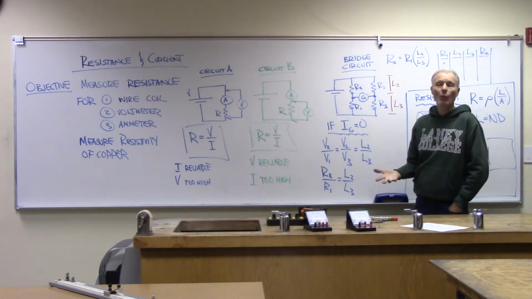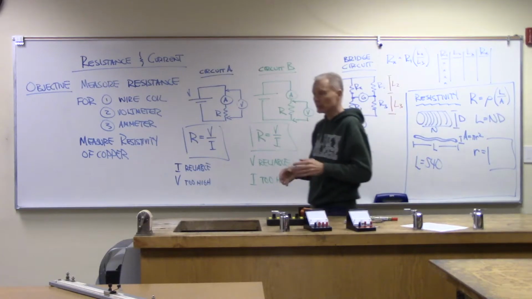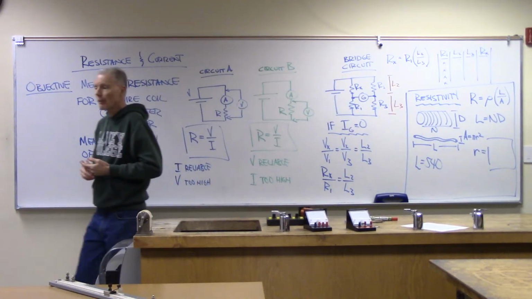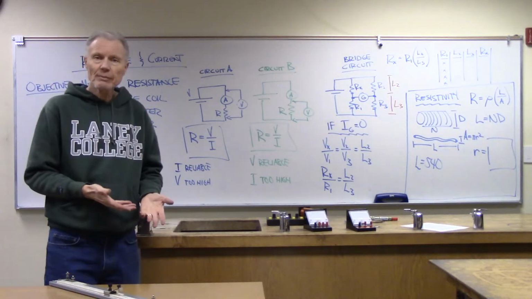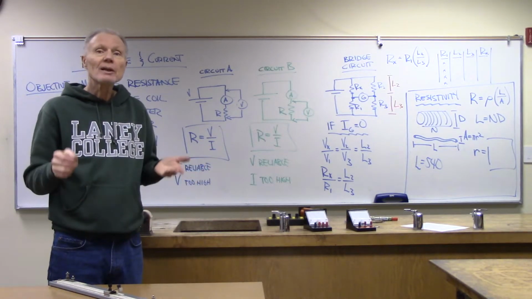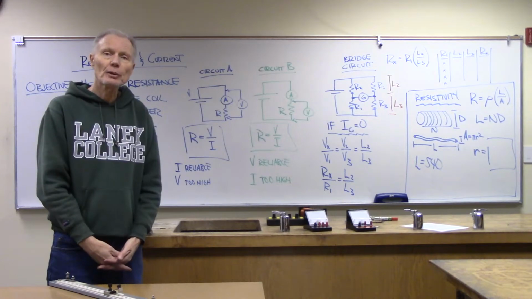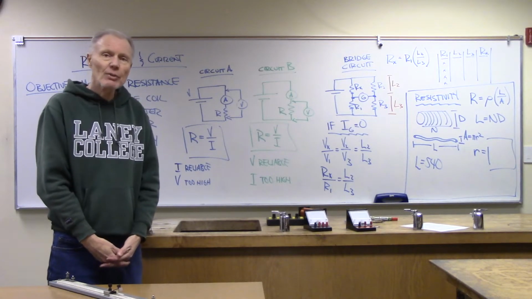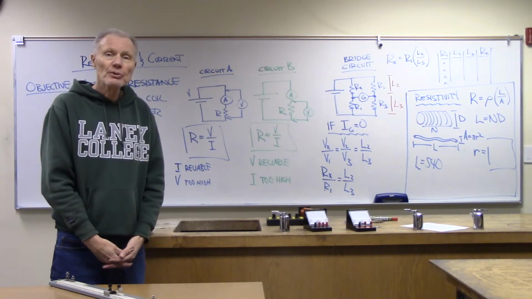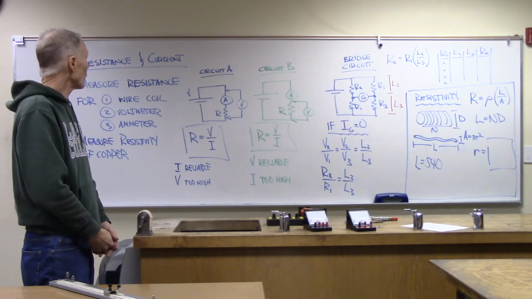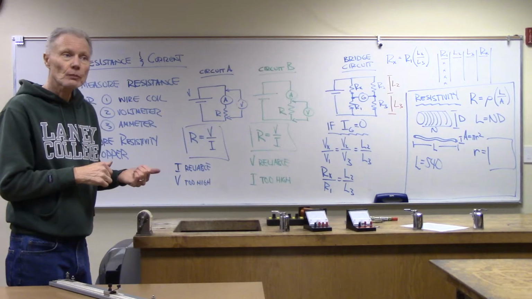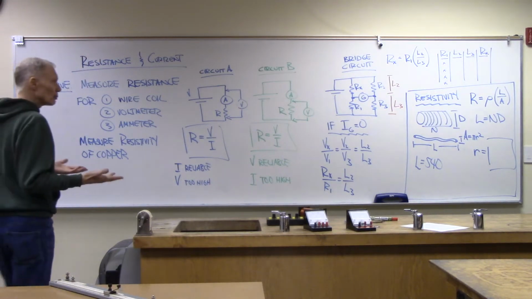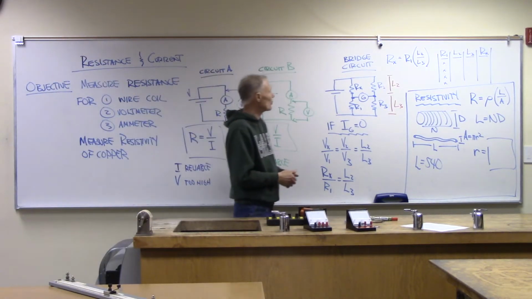So that gives me a way to make a measurement while the measuring devices are reading 0. If the galvanometer is reading 0, it's not disrupting the circuit, not having any effect on the circuit at all. And so this is a way where we can get measurements without the meter disrupting the circuit.